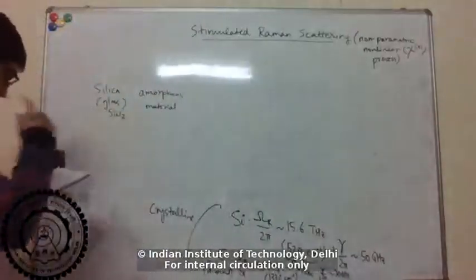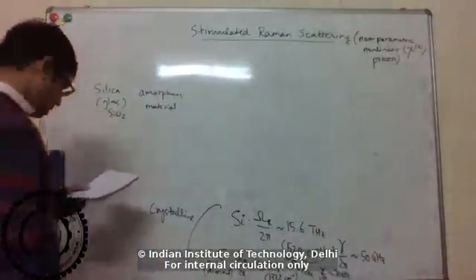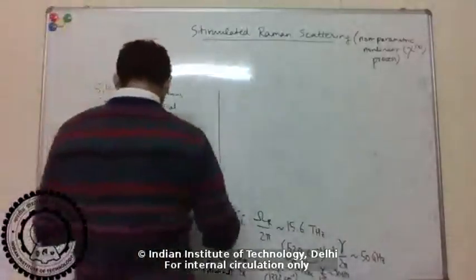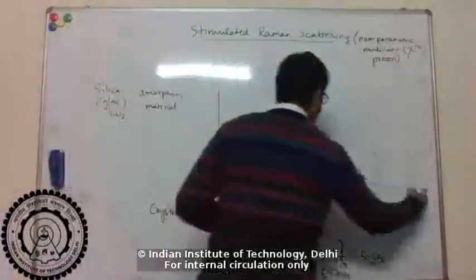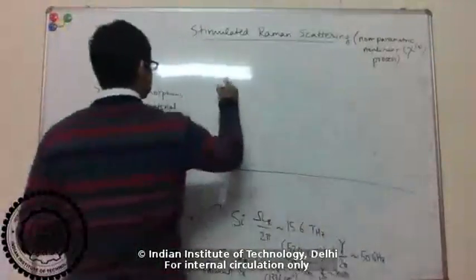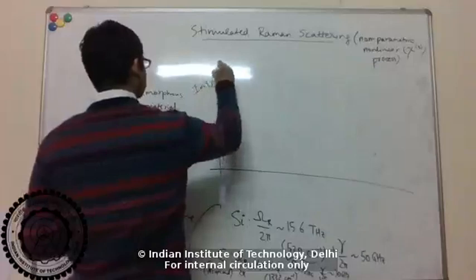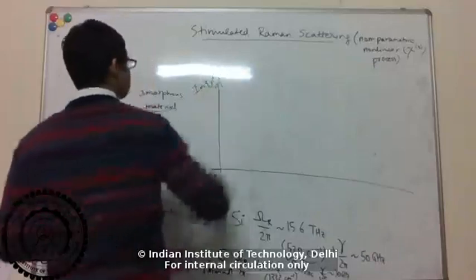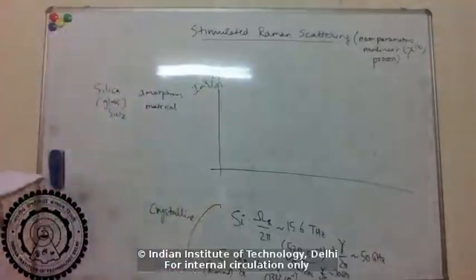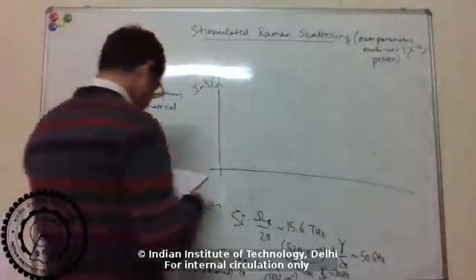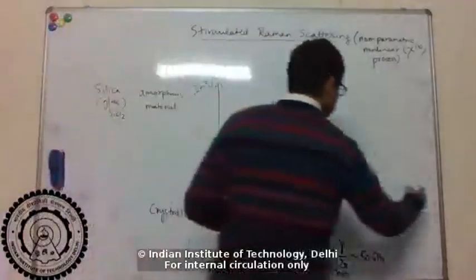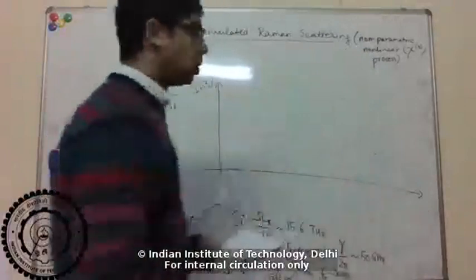So for glass, if you plot the imaginary part of the Raman susceptibility, it doesn't look like a nice Lorentzian anymore.